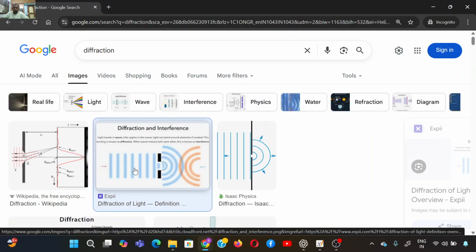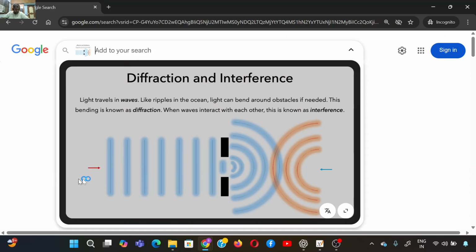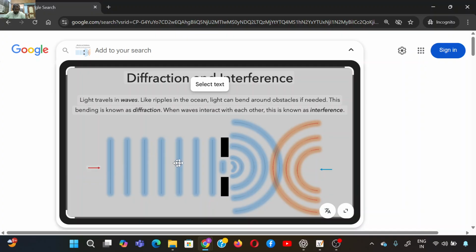So this is diffraction. When this light wave interacts with the slit, it bends and spreads throughout. This is what diffraction is.